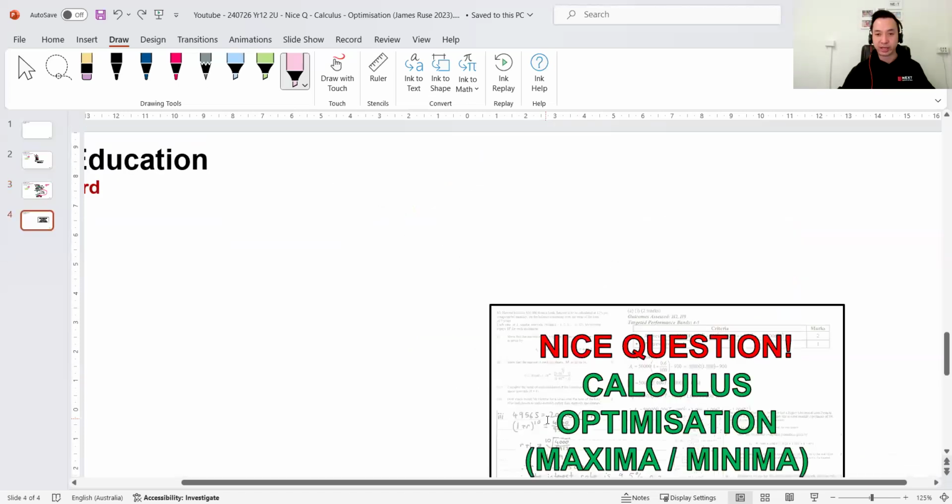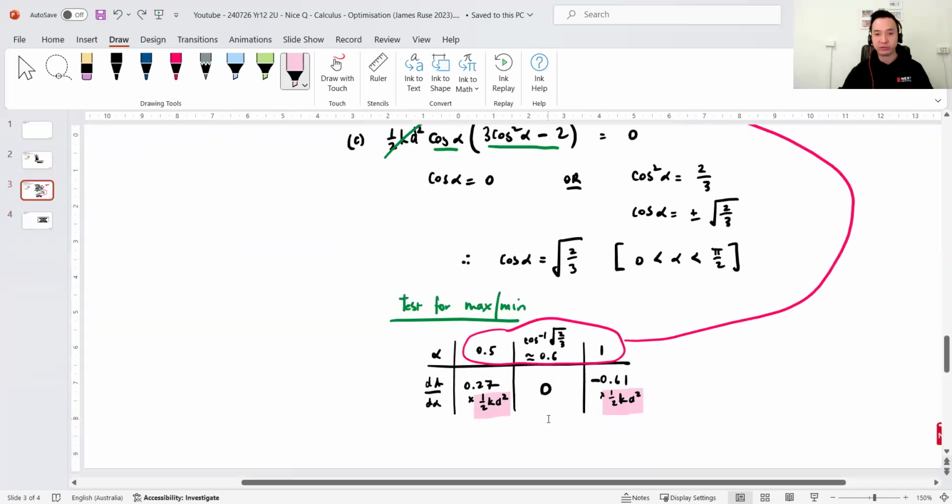It basically means it goes up and then down, positive then negative. Therefore, max area when alpha equals cos inverse of root 2 over 3.